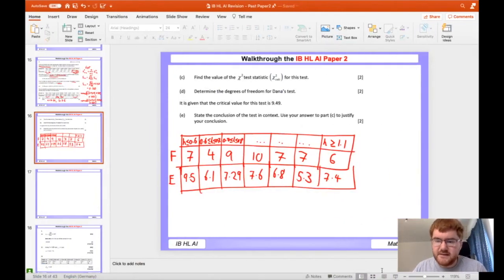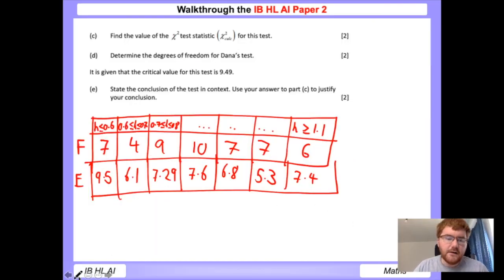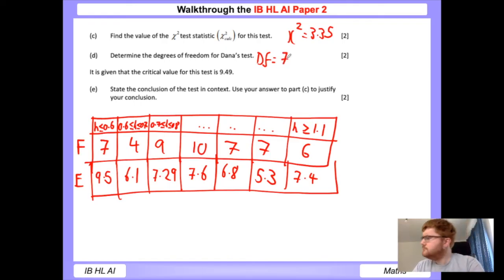So let's go back to this. Our chi-squared value is 3.35. Now I'll just explain the degrees of freedom again. Now normally it'd be 1 minus the row, 1 minus the column, which gives us 7 times 1, which is 7. So I've got that right.